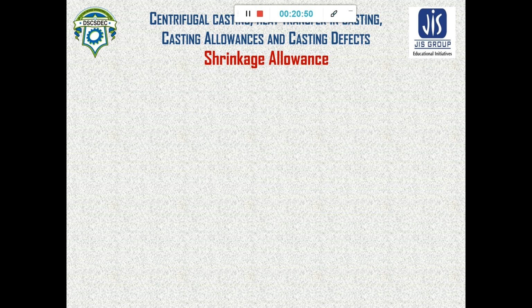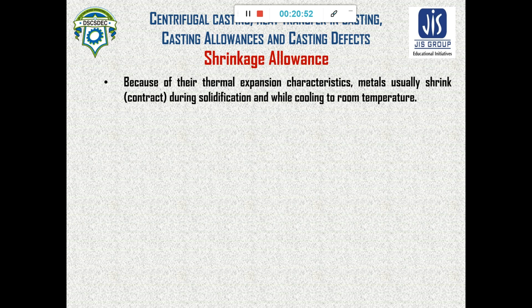Now why is shrinkage allowance given? Due to their thermal expansion characteristics, metals usually shrink or contract during solidification and while cooling to room temperature. What happens when the metal is cooled from the liquid?